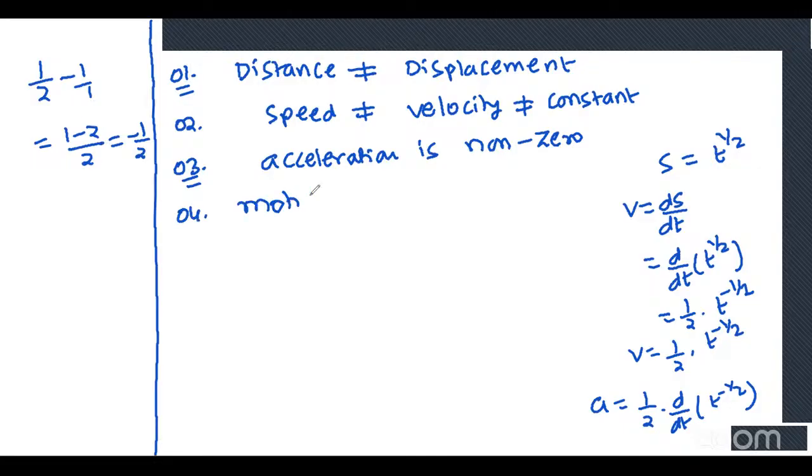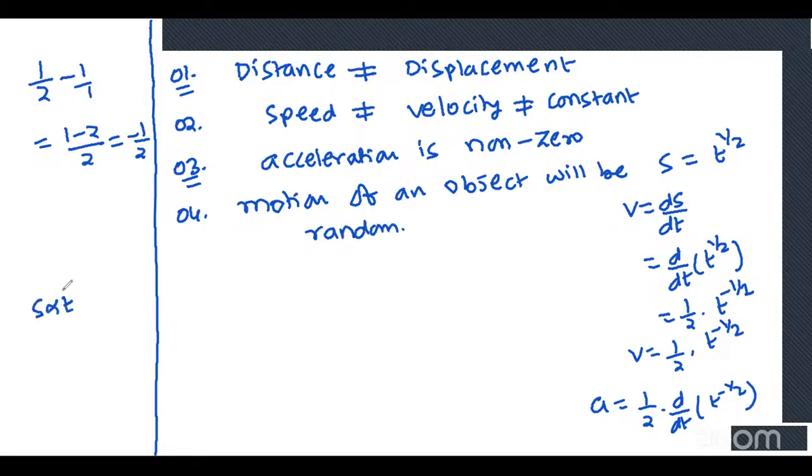Motion of an object will be random. That means it depends upon the n value. With respect to that, we'll find the shape.